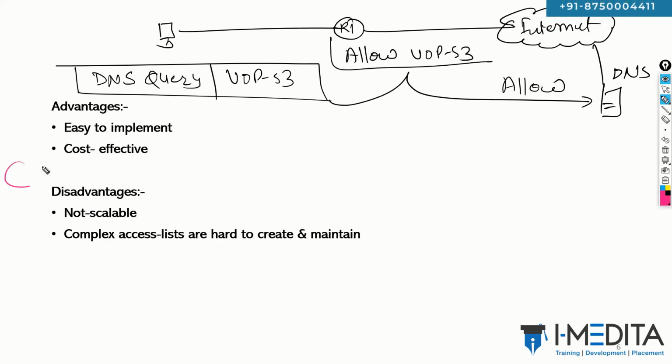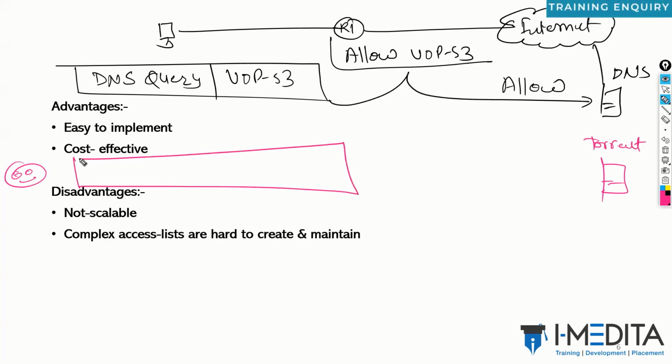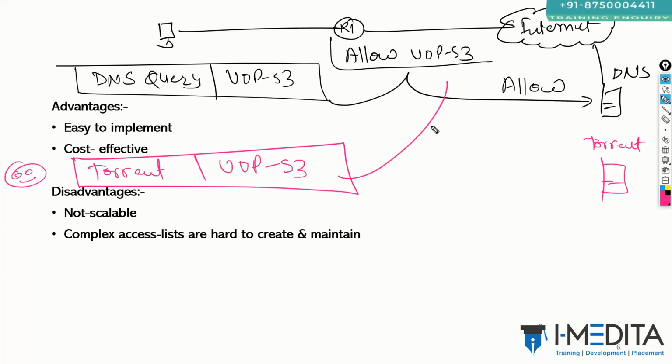there is an attacker, okay? And on the internet we have a torrent server. What will this attacker do? This attacker will send a torrent request that will be encapsulated under UDP 53 and pass through the ACL. Torrent is also allowed.